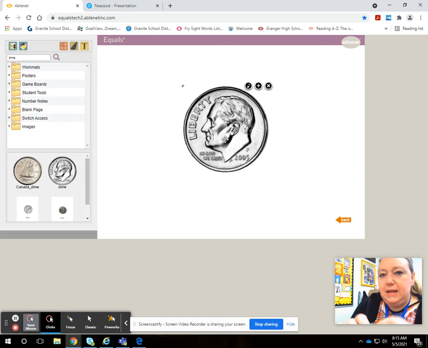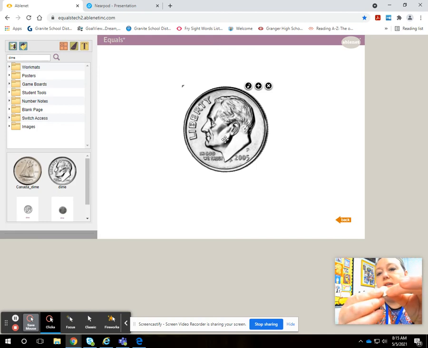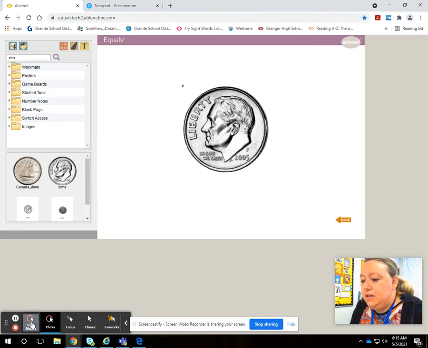Now I want to show you the comparison. Here's the penny, and here's the dime. The dime is much smaller than the penny. So you can see it fits inside the penny just a little bit, okay? So it's almost the same size, but it's a little bit smaller. This is the smallest coin, the dime, okay? So the dime, how much is it worth?